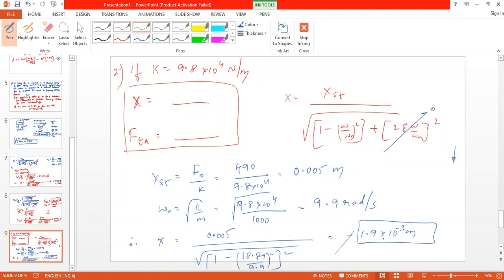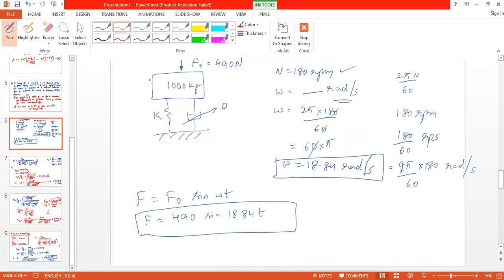So it is 1.9 into 10 power minus 3 meter, or 1.9 mm. This mass can have a displacement of 1.9 mm. Is it clear? Yes, sir.